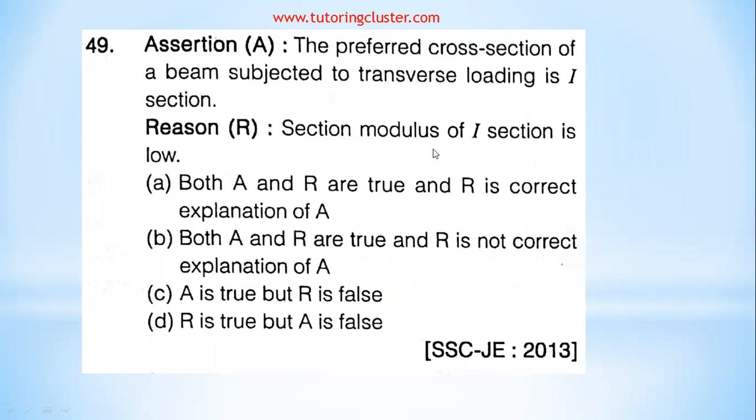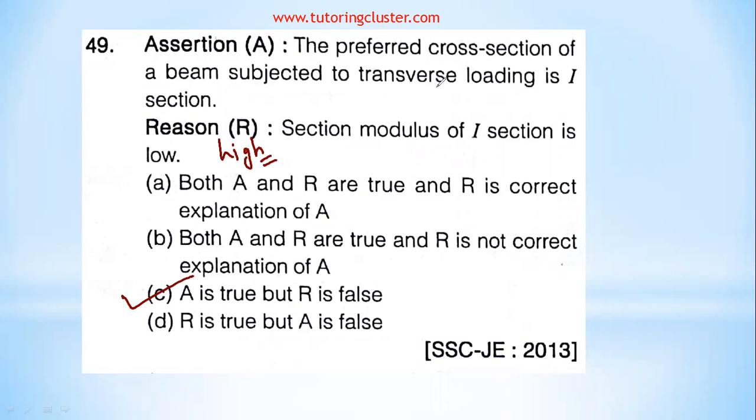Basically, the preferred cross section of a beam subjected to transverse loading is I section because section modulus of I section is high. You have to remember this. Section modulus of I section is high, it is not low. So A is true but R is false.